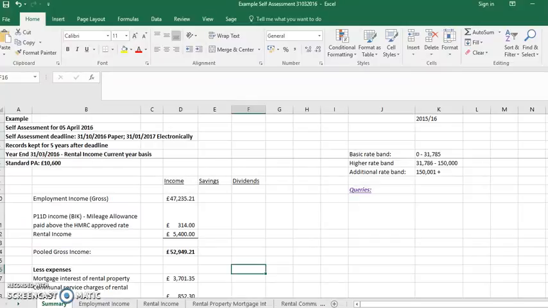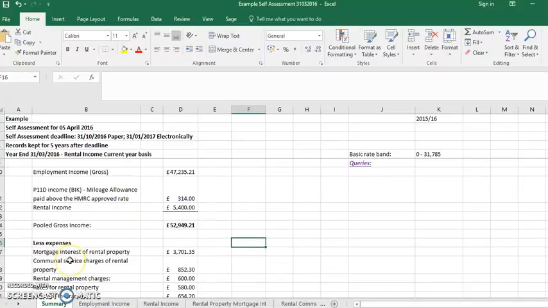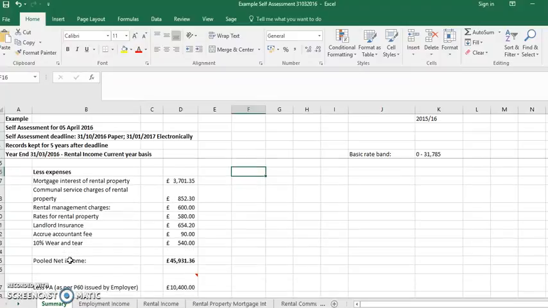So here we see the £314. The client also received rental income of £5,400, which gave us a pooled gross income of £52,949.21.